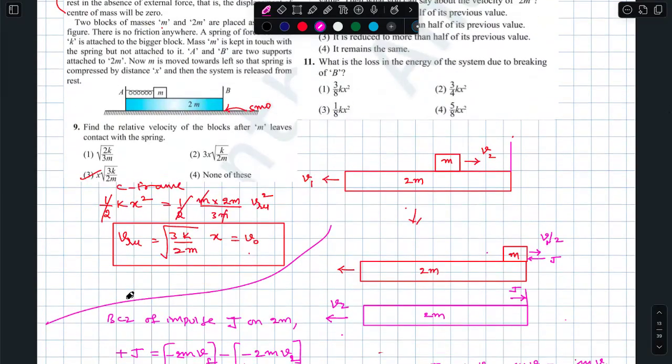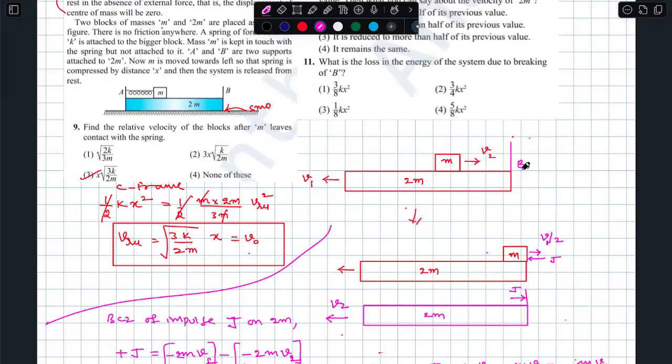See, please try to understand, in the course of its motion, till it reaches the boundary B, this continues with the speed V2 and this continues with speed V1, because there is no friction as per our question. Now the moment it reaches B, there is an impulse, meaning hitting is happening, and this right end gives some impulse on the block leftwards.